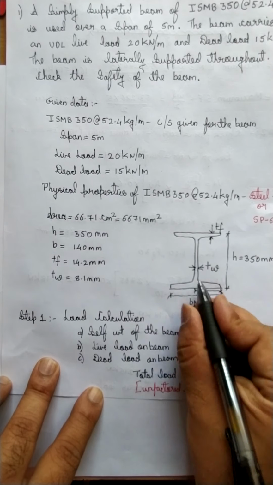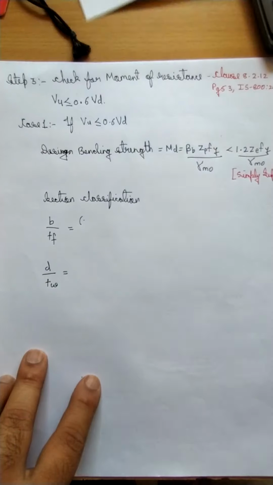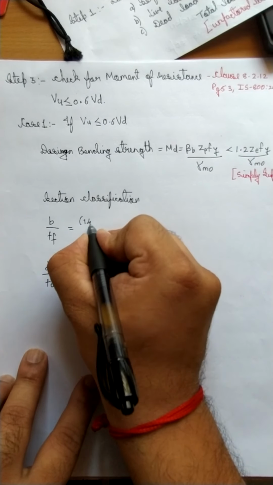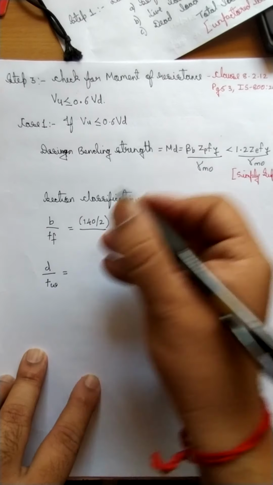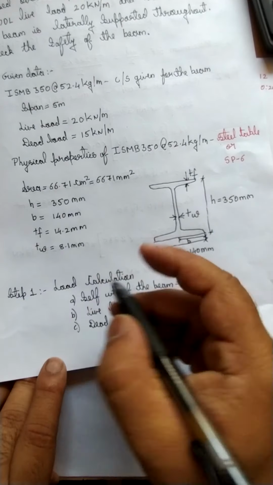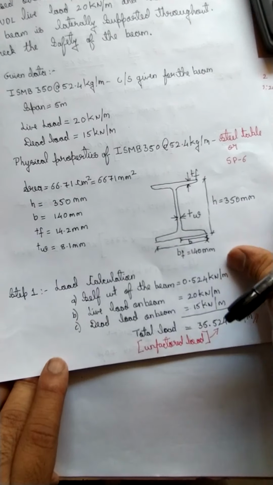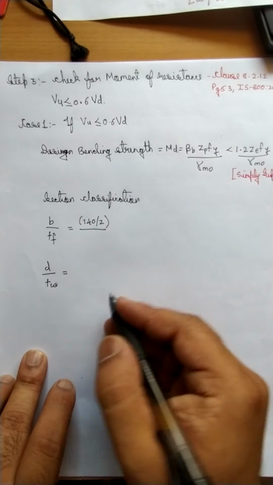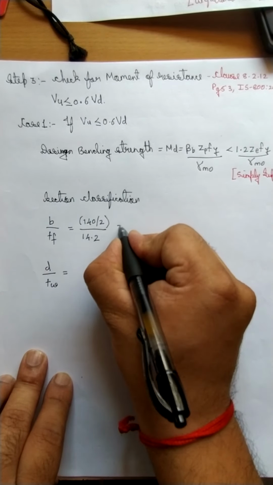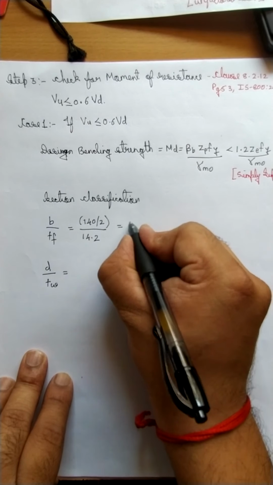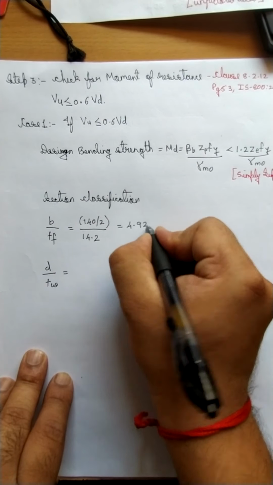Nothing but this divided by 2. So this will be 140 divided by 2 divided by thickness of flange. So thickness of flange noted earlier is 14.2 mm. So this is working out to be 4.92.